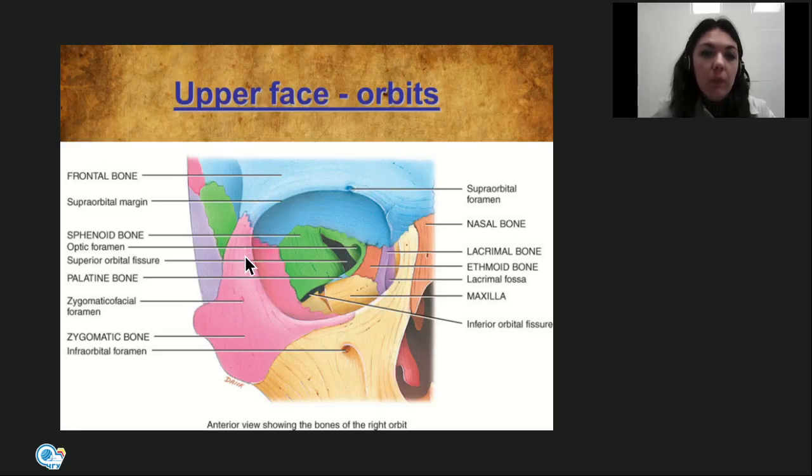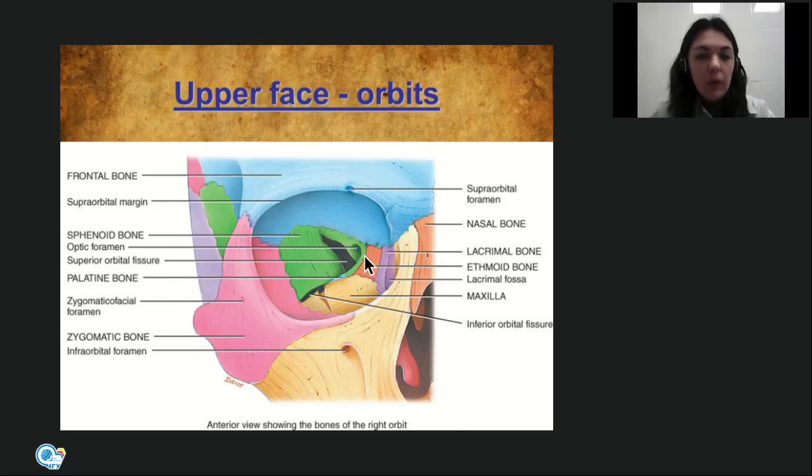That's it. The inferior wall is formed by the orbital surface of the maxilla, the orbital surface of the zygomatic bone, and posteriorly the orbital process of the palatine bone.